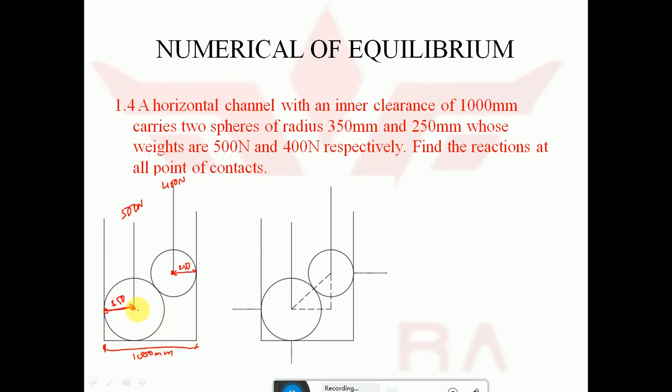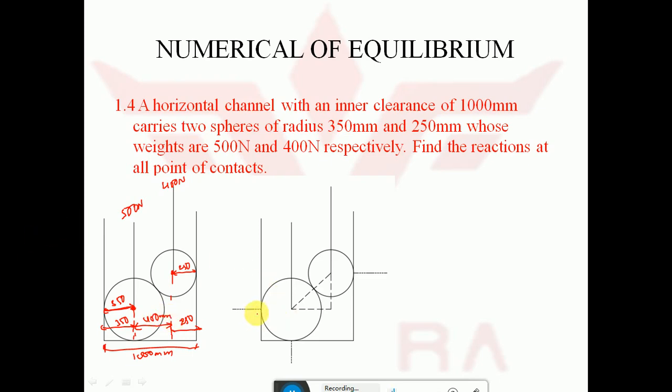Out of 1000, if this much is 350, and from here to here it is 250, and from here to here it is 350, then what is left? 3 plus 2 plus 3, 600 is gone, so 400 mm is the left out value here.